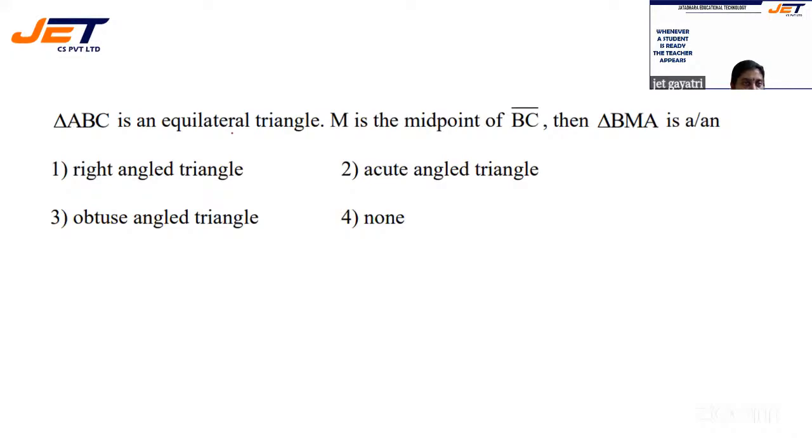In triangle ABC, triangle ABC is an equilateral triangle. M is the midpoint of BC. Then triangle BMA is dash.